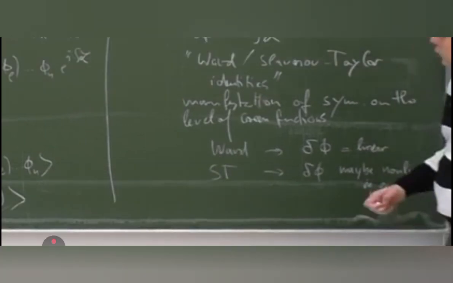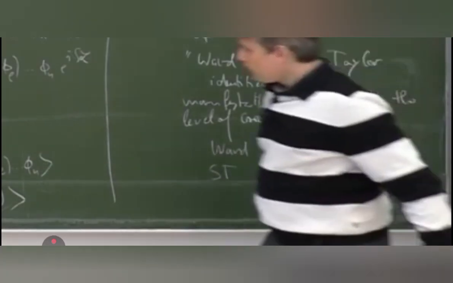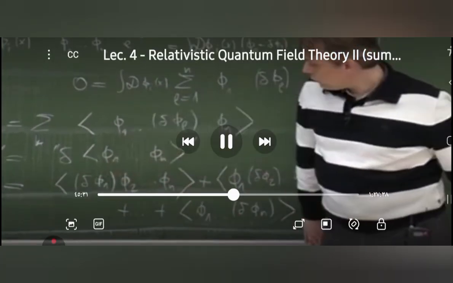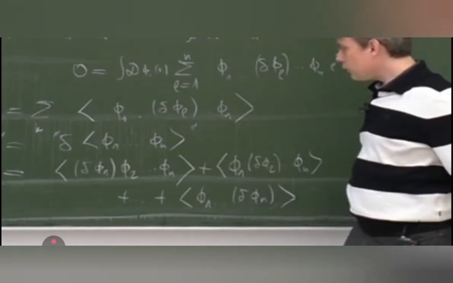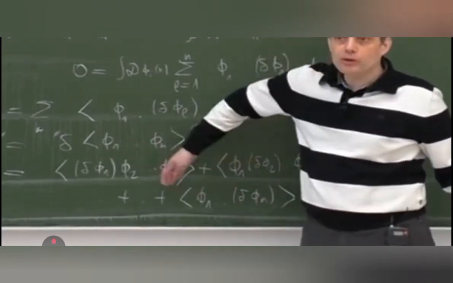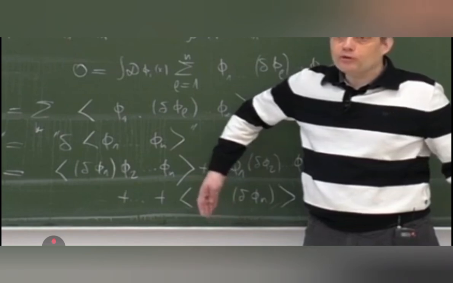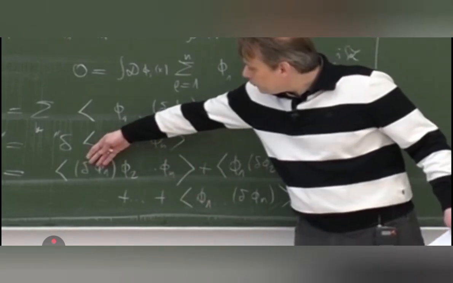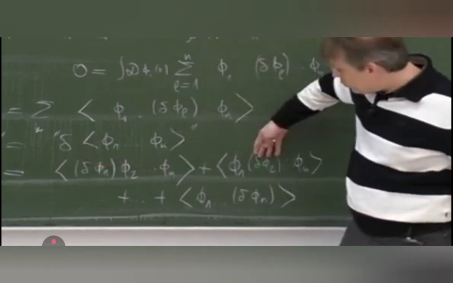Why this distinction? Because if it is linear, then what do we have here? In case all the delta phi's are linear in other quantum fields, then what we have here is simply a linear combination of perfectly ordinary green functions. Here you have some field operator, some field operator, some field operator.